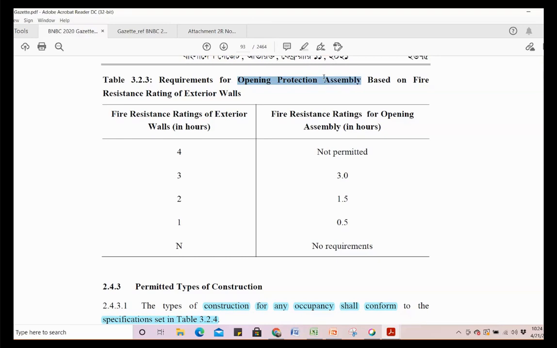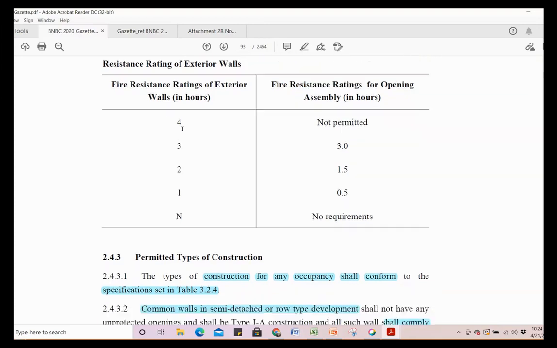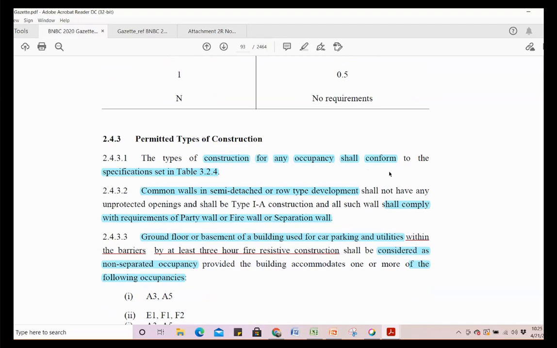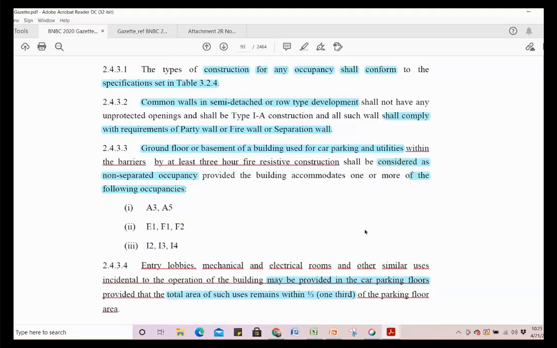When we have a fire resistance rated exterior wall and we need to give an opening there, we need opening protection assemblies. This is the reference for the fire rated wall, how many hours it will be protected, and the respective rating of the corresponding opening assemblies.